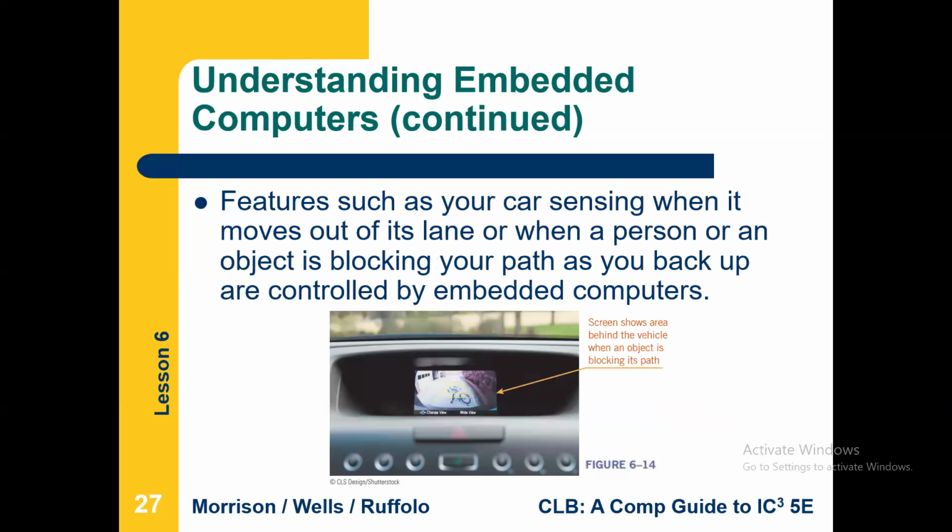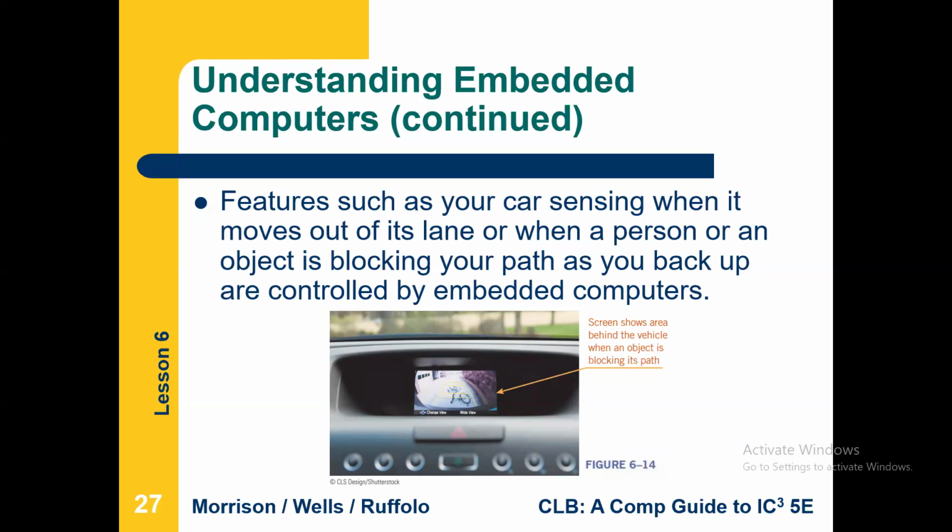Even the cars that are now coming, you could see that most of them are self-driven cars. So most of them have some of these computers or some of these embedded computers in them. So they are able to communicate with some control devices that are being on their path, so that they don't veer off the road, and then they observe certain speed limit as they are going around.